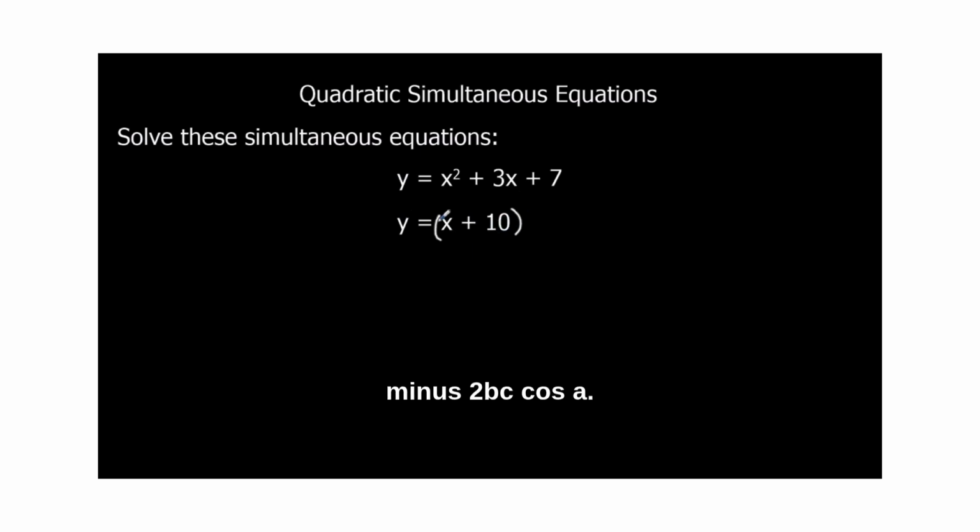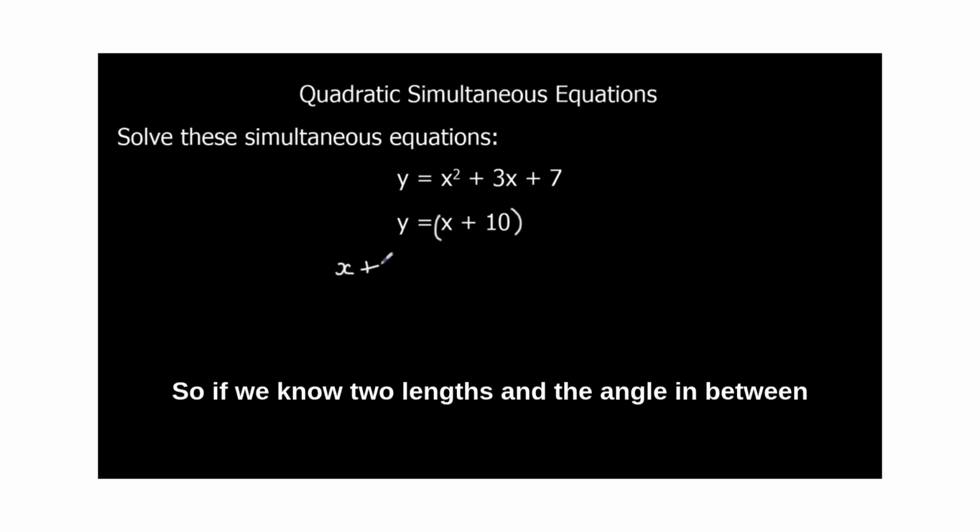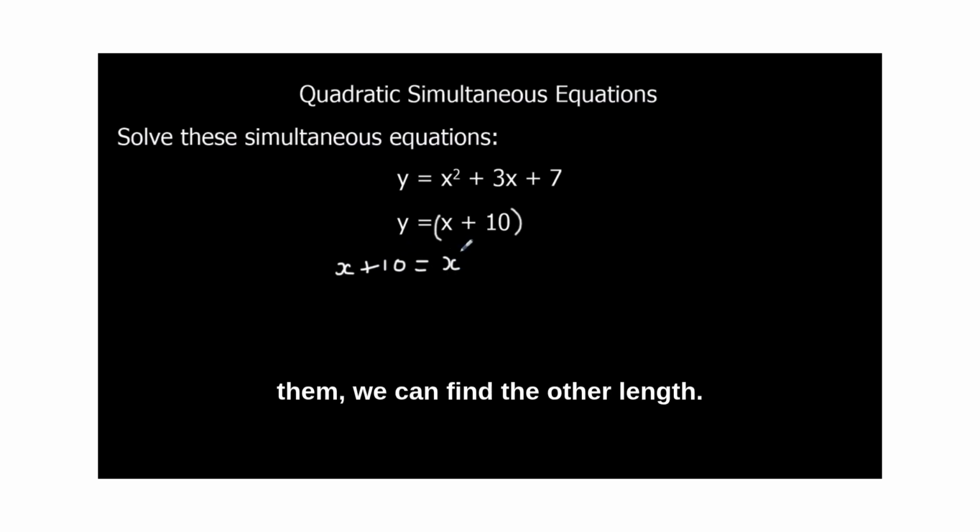So wherever I see y in the quadratic one, I can change it for x plus 10. So that gives me x plus 10 equals x squared plus 3x plus 7.